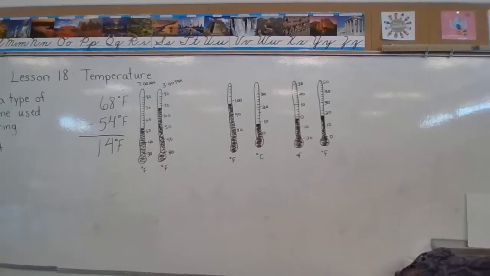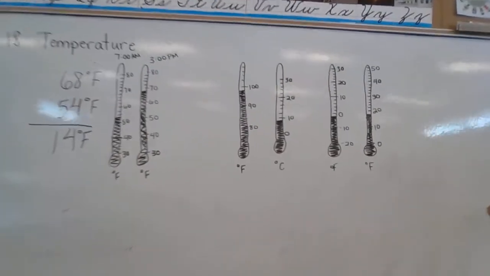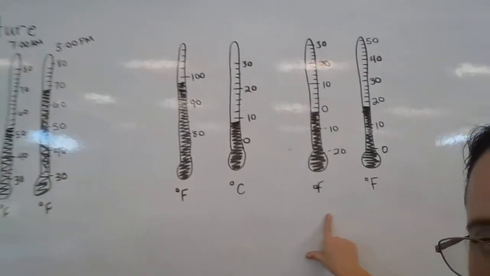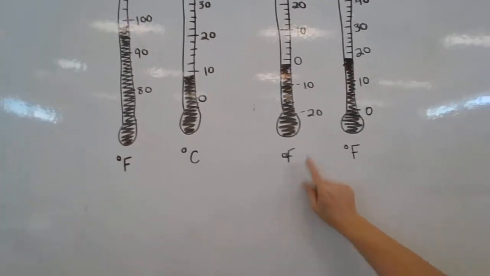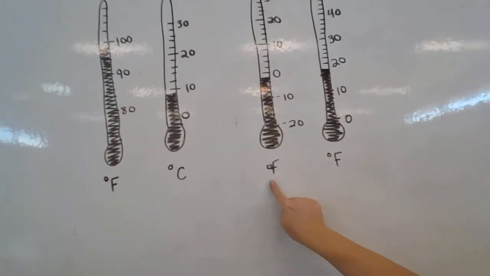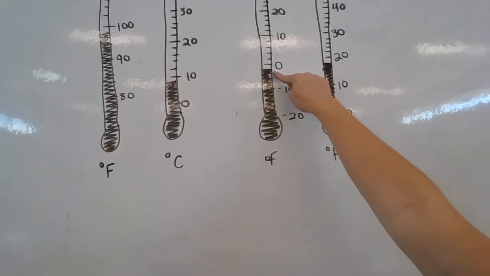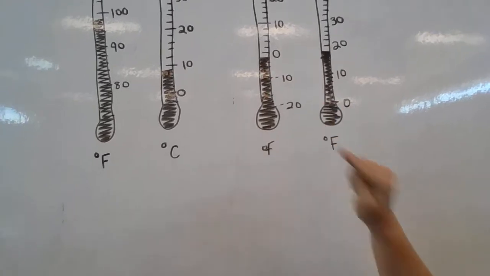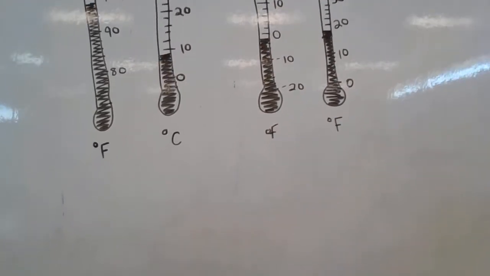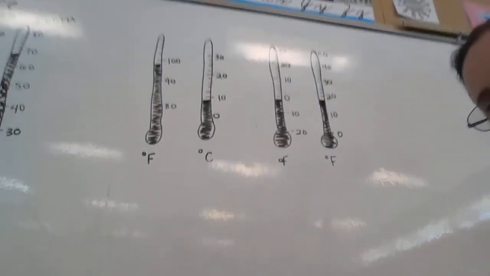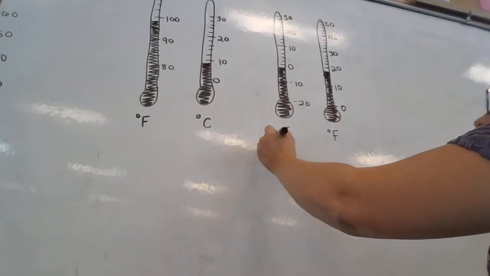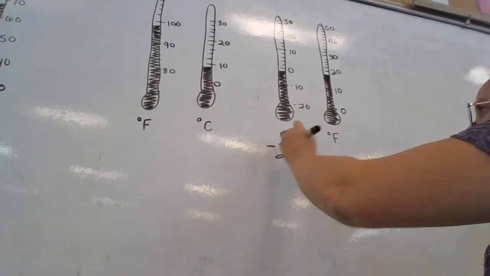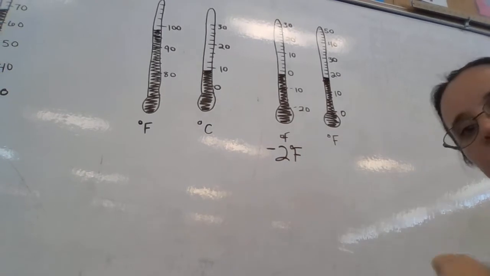So here they actually have two questions for us, starting with what are the temperatures? So here, notice it's degrees Fahrenheit. We're just below the 0. So from 0, if we go below 0, we are talking about negative numbers. So this would be -2 degrees Fahrenheit.